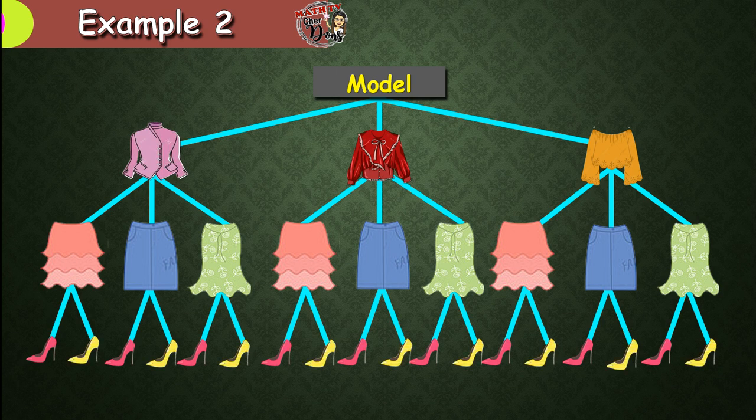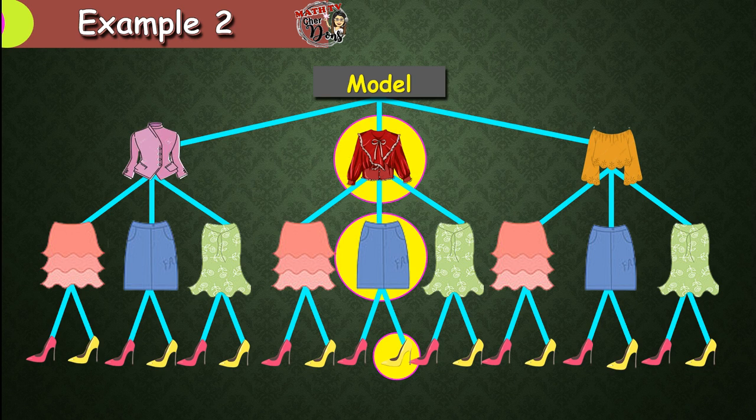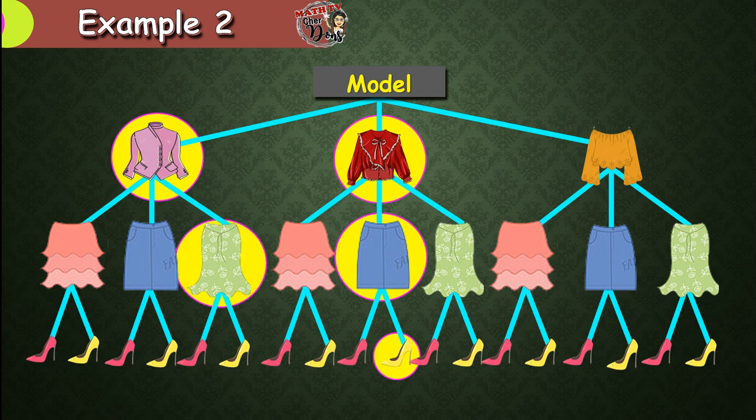Alright, we've finally completed our tree diagram. And now we can use it to figure out how many possible combinations we have. One of the possible combinations is the red blouse, the blue skirt, and the yellow stiletto shoes. Another possible outfit combination is the violet blouse, the green skirt, and the pink stiletto shoes.